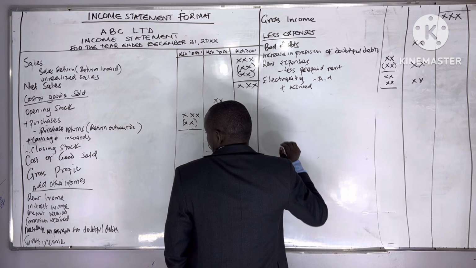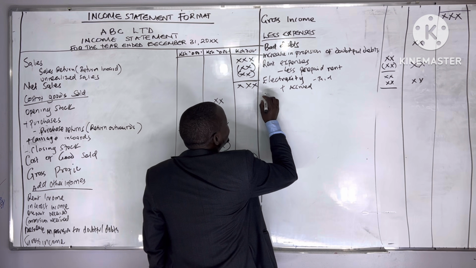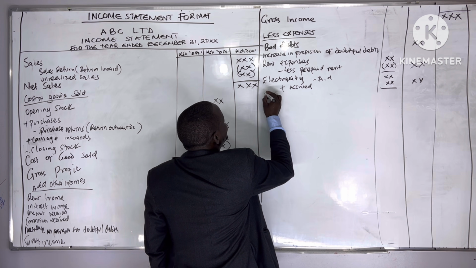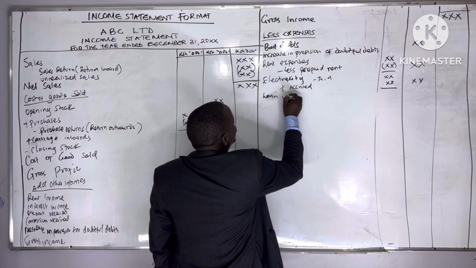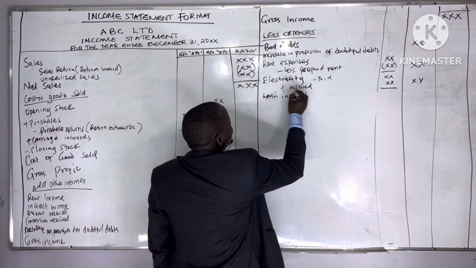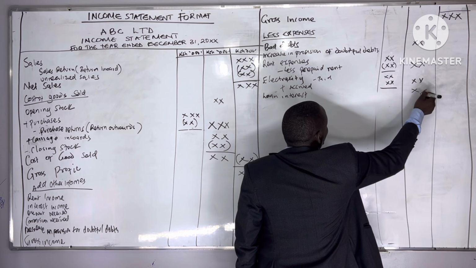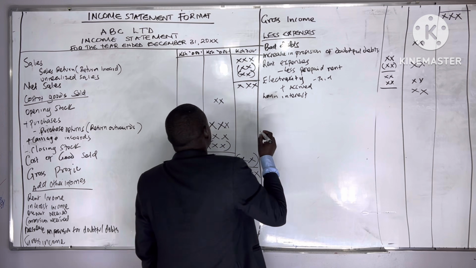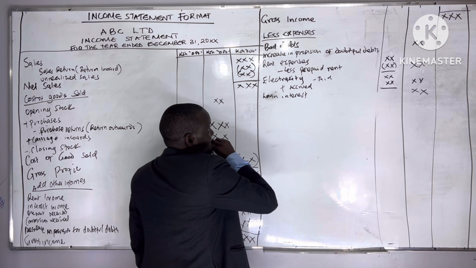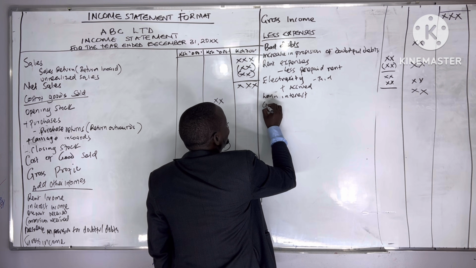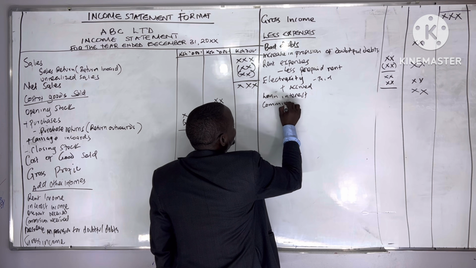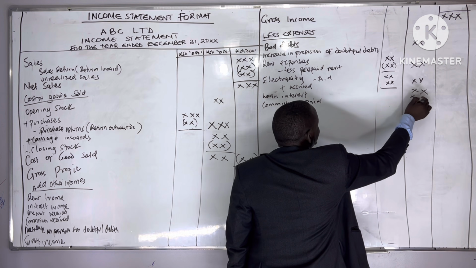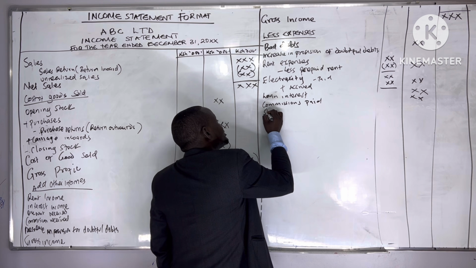Now, we can also have what we call the interest paid, or loan interest. Let me just be specific, loan interest. Loan interest is an expense. Let me assume there is no accruals or prepayment. I was just using an example to show how to adjust for prepayments. From the loan interest, we can also have commissions paid. Commissions paid, this one is an expense. We can also have something like stationery.